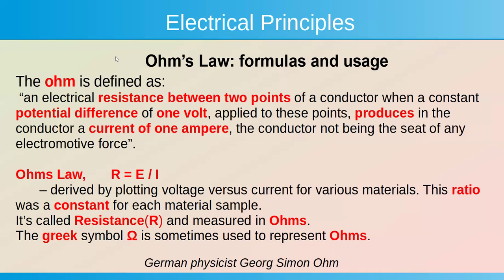There was no mathematical proof. And we honor him by using ohms as the unit of resistance. Like I said, sometimes you'll see the Greek symbol omega, depending on who's writing it.